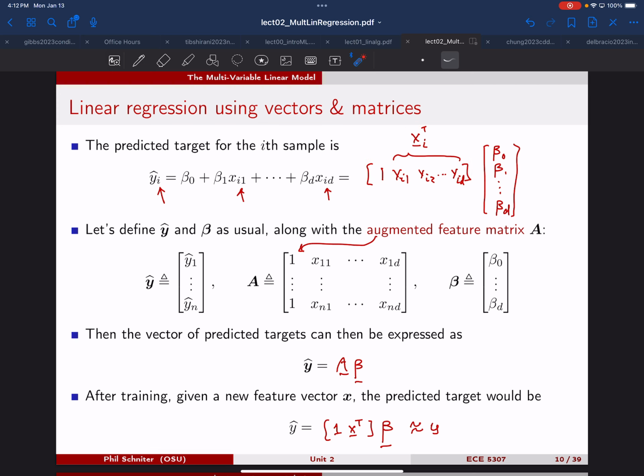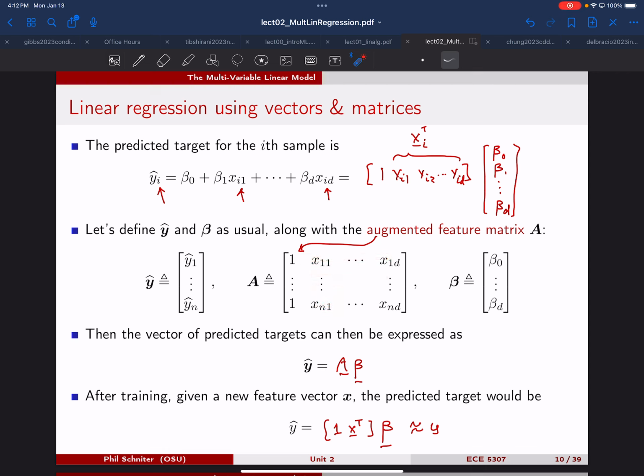And we can continue this by stacking each of these different predictions one on top of another until we have all the different predictions for our training set, because we have n elements in our training set. And if we furthermore stack all these rows, we get this A matrix.